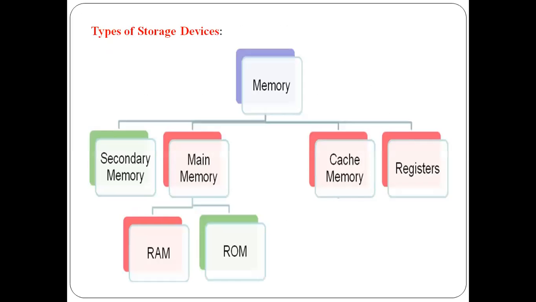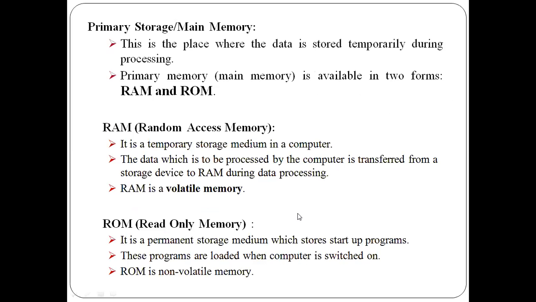As you can see, these are the types of storage devices. Main memory consists of RAM and ROM, secondary memory, cache memory, and registers. I'll explain this with the help of this flowchart. Main memory basically consists of RAM and ROM. You know, RAM is random access memory and ROM is read-only memory.